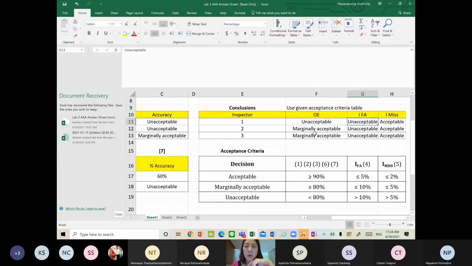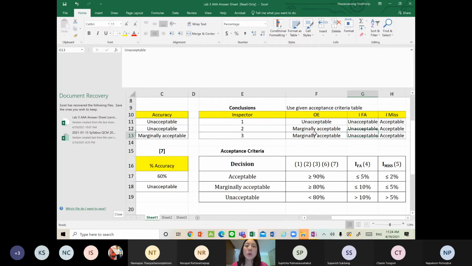Then if we look at the kind of error that is unacceptable, we will see that all of them have a problem with false alarm error, while they do not have a problem with miss. That means they do not pass bad parts out, but they sometimes detect good parts as bad parts, and that's why we need to do unnecessary reinspection.